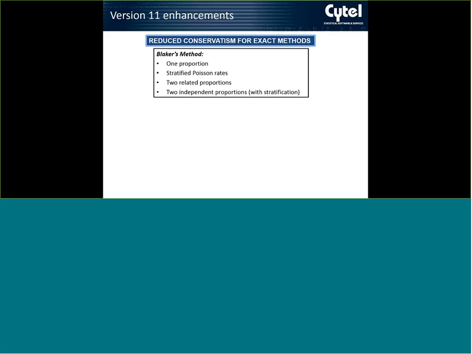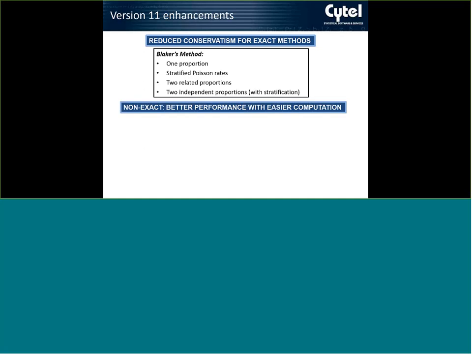So it has the advantage of being somewhat broadly applicable as a strategy. What it does is it helps to refine the exact distribution in a way that allows the actual type 1 error rate to be closer to the nominal type 1 error rate. So that improves power. And I'll show you an example of that in just a moment.